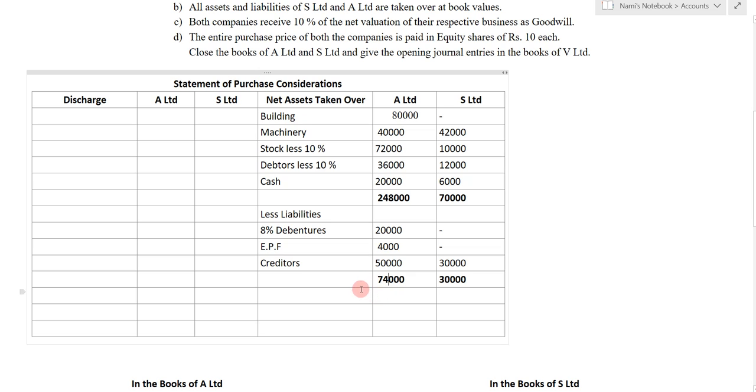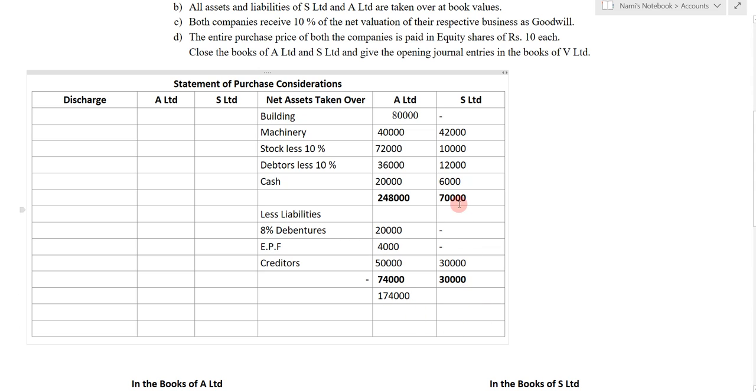Now from the total of assets we have to less the total of liabilities. So from 2,48,000 less 74,000 we get 1,74,000.